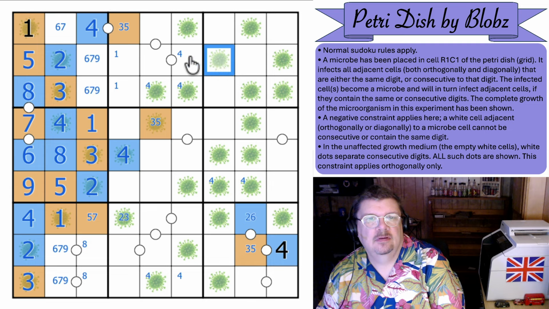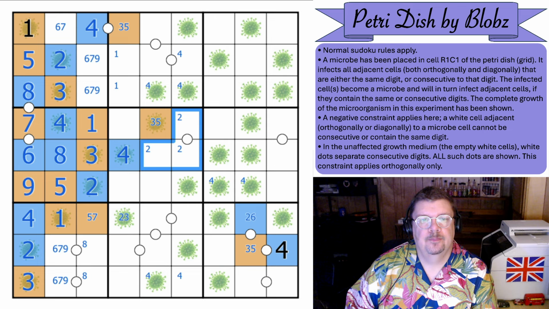All right. Two is not in any of those by sudoku. 2 is not in there because there's no white dot between these two cells. So 2 is in one of those 3. But if that's a 3, then that's a 2. And then that's a 1. Here we go.